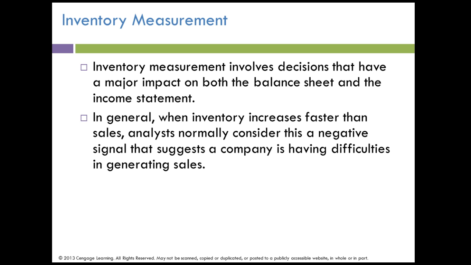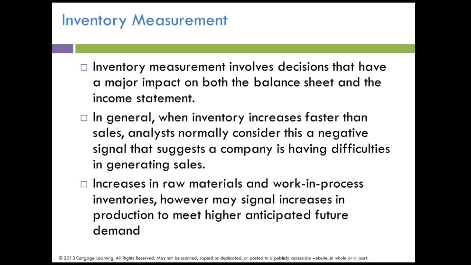Basically there's a real skill in keeping the appropriate amount of inventory that you need on hand so you don't lose sales. There's also a disadvantage to having too much inventory at the end of the year because there's a cost to holding that inventory.